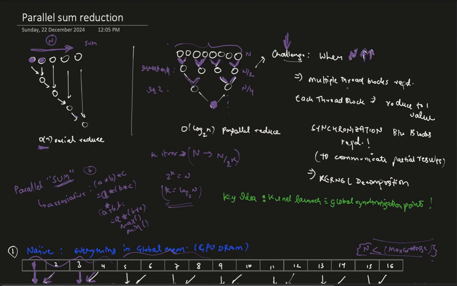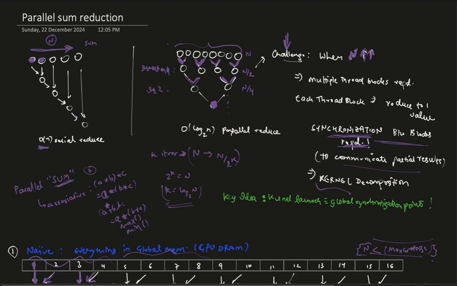Each thread block will reduce a portion of the array to one value, and then we need to communicate the partial results between thread blocks, and then reduce the partial results into a final accumulated full array sum. Note that here we need synchronization between thread blocks because we need to communicate the partial results between thread blocks.